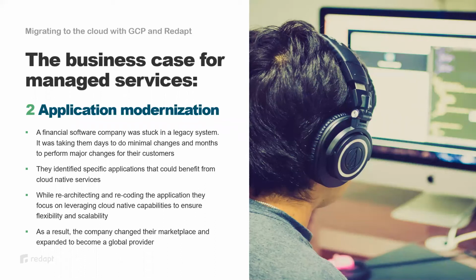And so they identify specific applications that could benefit from cloud native services. They go in and they're able to re-architect and recode the application and focus on leveraging cloud native capabilities, really focusing on flexibility and scalability. Ultimately that helps the company move into an expanded marketplace, being way more flexible by moving their monolithic application to something more flexible, microservices that are offered.